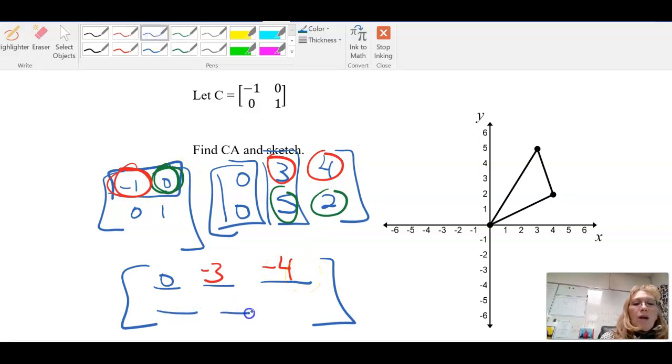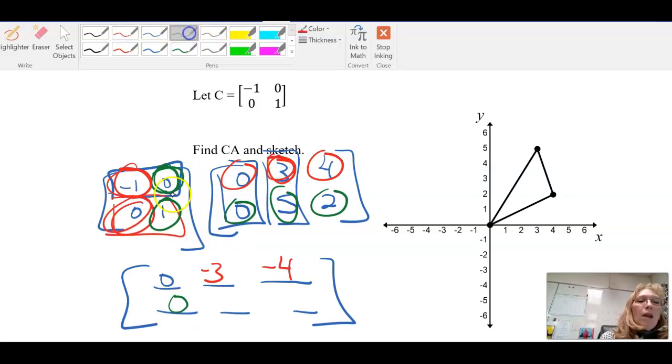So now we're moving down to our third one. So now we're going to take this guy. I'm going to take 0 times 0, which is 0, plus 1 times 0, which is still 0. Now let's take 0 times 3, which is 0, plus 1 times 5, which is 5, plus 0 times 4, which is 0, plus 1 times 2, which is 2.